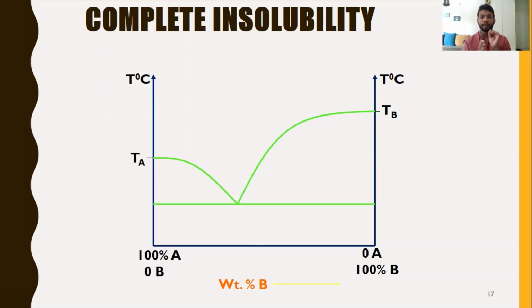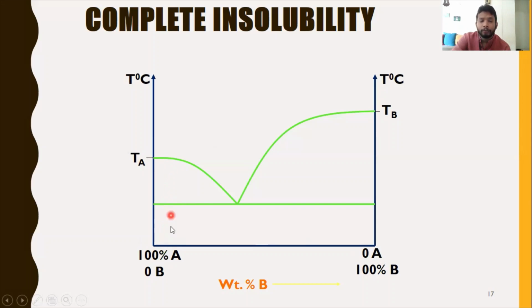Now remember, this is not one experiment. This is more than 100 experiments in one graph. Let me explain. First you melt only A, so you will get this point. Then you melt only B, you will get this point. Now you put 99% A and 1% B, so you will come to this point.